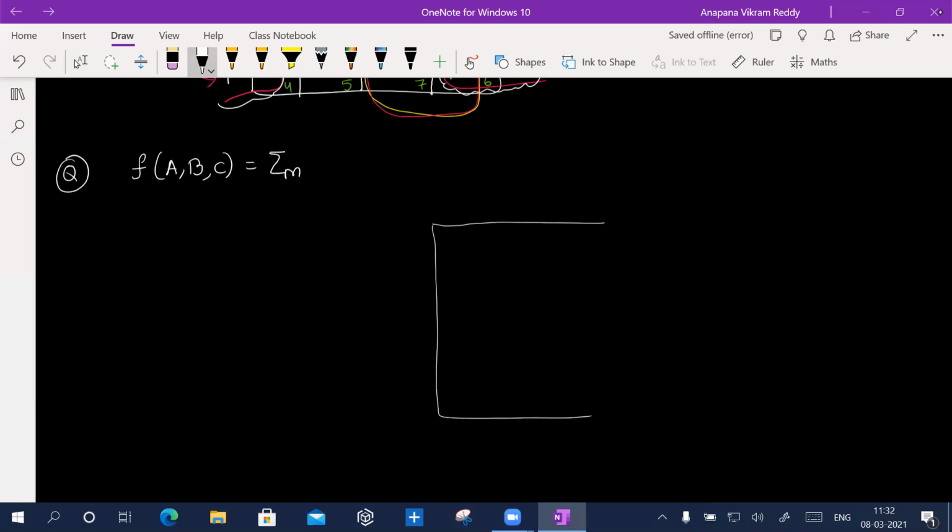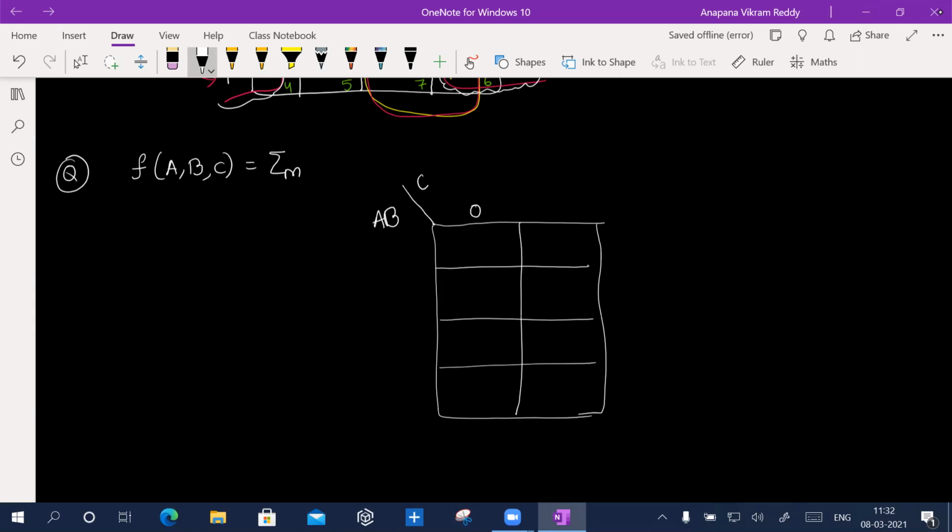Directly I'll put the figure. This time I'll take it like this. So A, B, C. I have C 0, 1. So I have 0, 0, 0, 1, 1, 1, 1, 0.